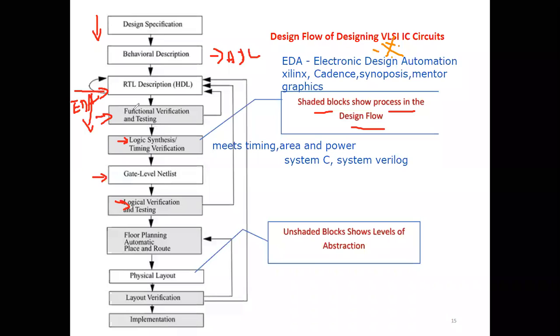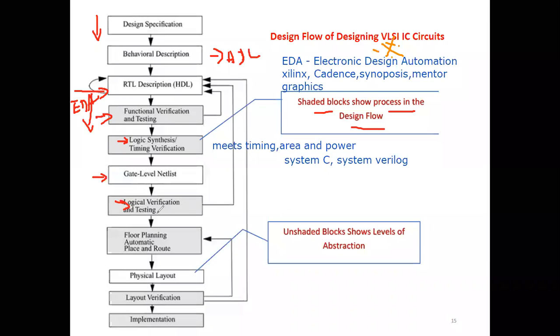We can see here there is a logic synthesis and logic verification. The logic synthesis, as I said, is a tool that converts the RTL description to gate level netlist. The logic verification testing is where we verify the logic, whether it's meeting the timing, area and power specification.